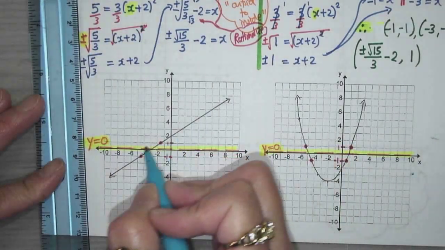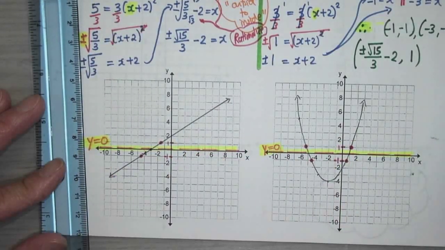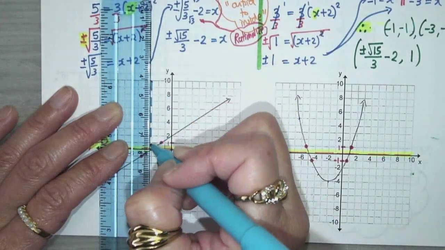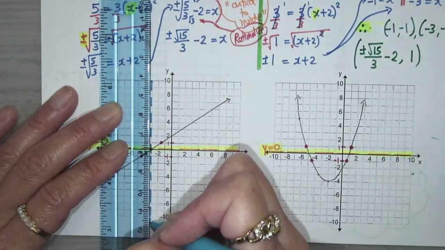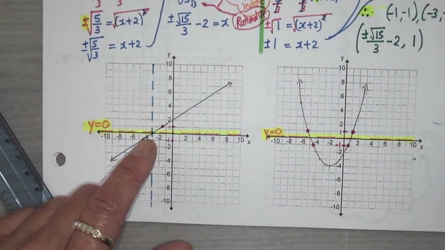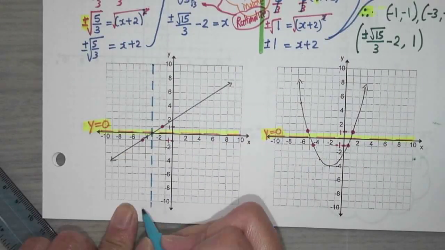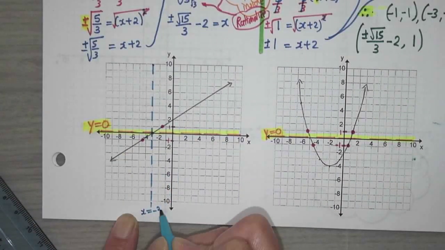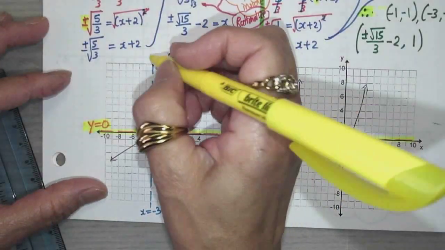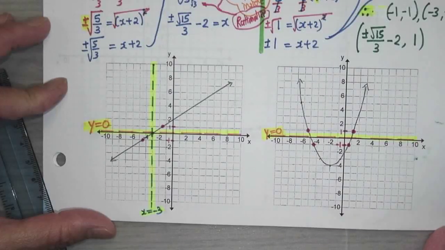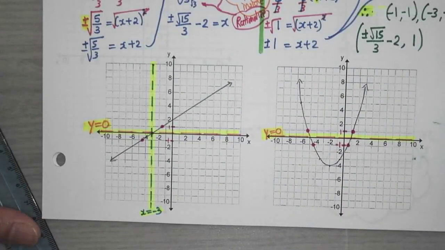So wherever the graph hits y equals 0, I'm going to draw a vertical line, dashed line through here. That's going to give me a vertical asymptote because it's not allowed to be the reciprocal of that 0. So, and label it. Draw it, label it. This will be x equals negative 3. So when you draw it, please label it. Draw and label, draw and label.